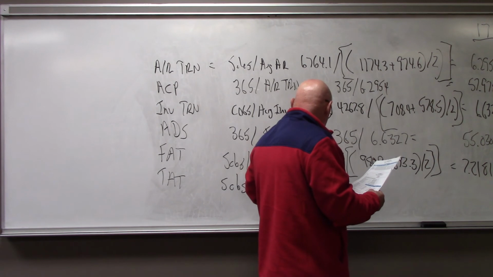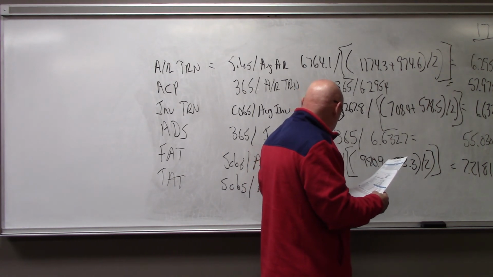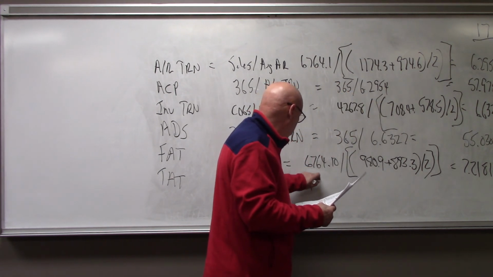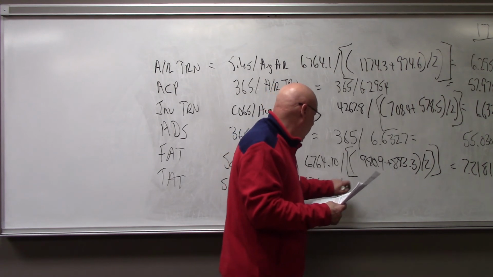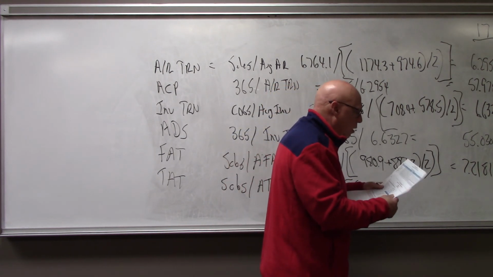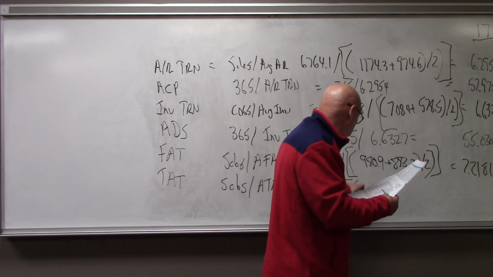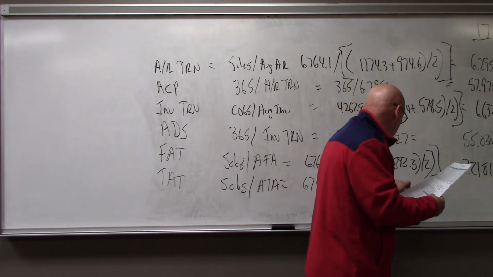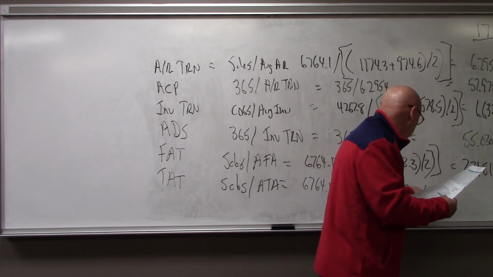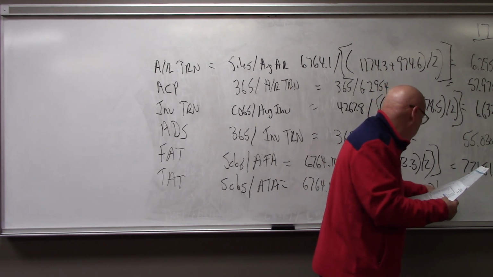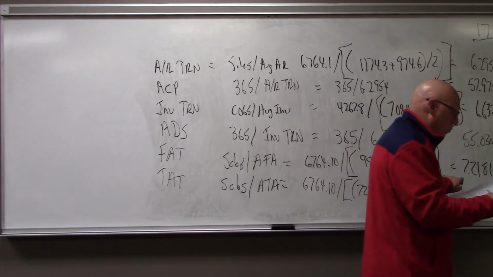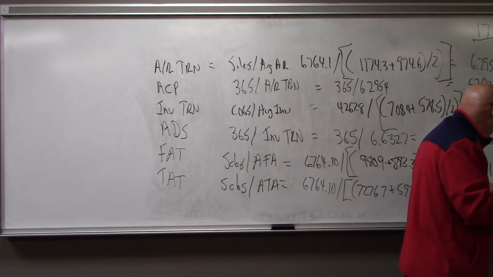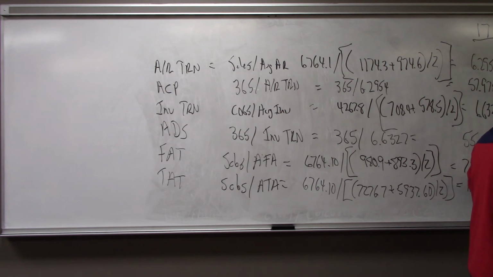And so we have 6764.1 divided by average total assets, 6076.7 plus 5937.6 divided by 2, and we get 1.0238 and 0.9935.